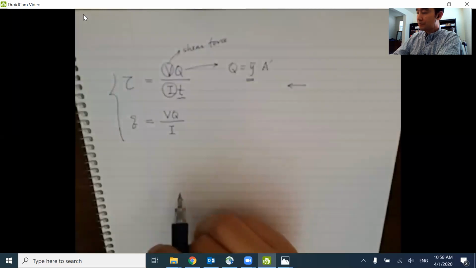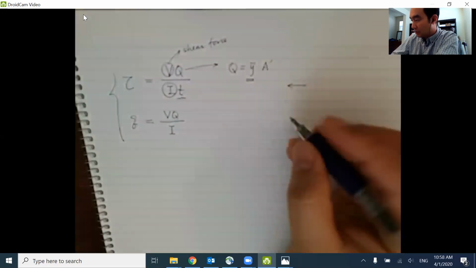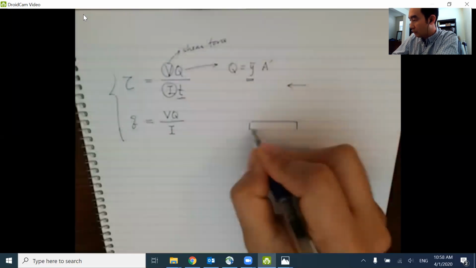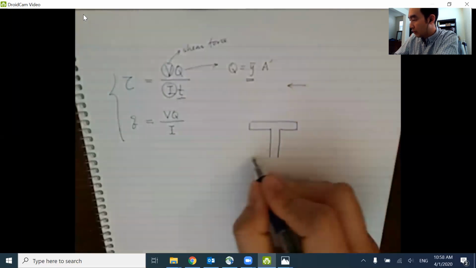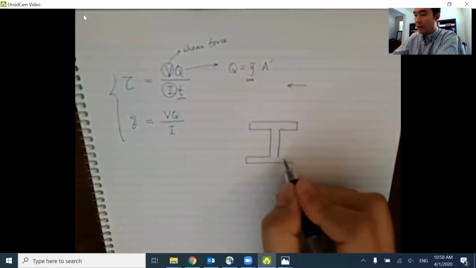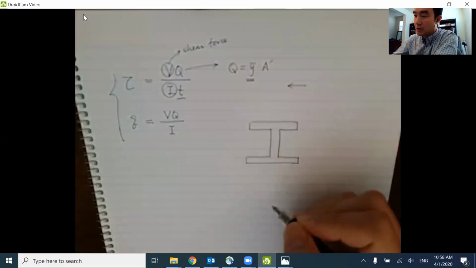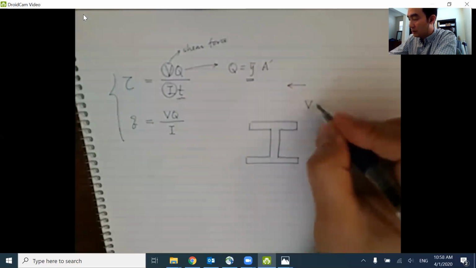All right. So the problem is we have a W-shaped section. The cross section looks like this. And this beam is under a certain transverse loading. So of course we have a bending moment, but at the same time we have a shear force. The corresponding shear force was 80 kilonewton.